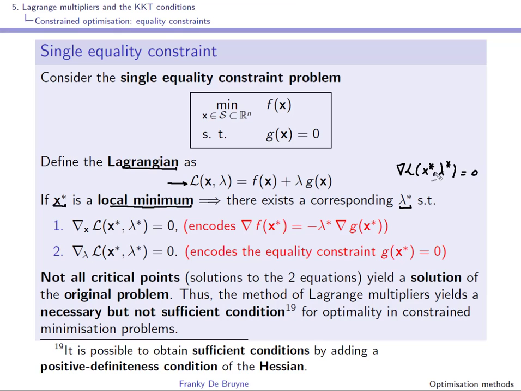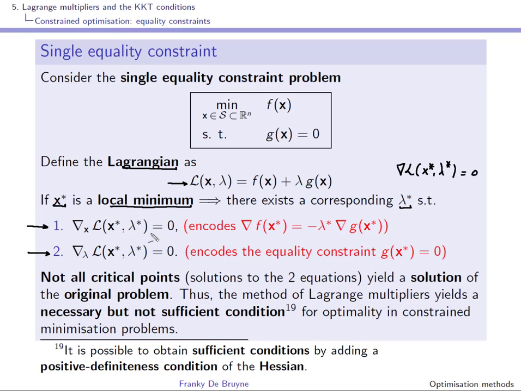If we only consider in this equation the partial derivatives with respect to x, this leads to this equation. And if we only consider the partial derivative with respect to lambda in this equation, this is what you obtain.